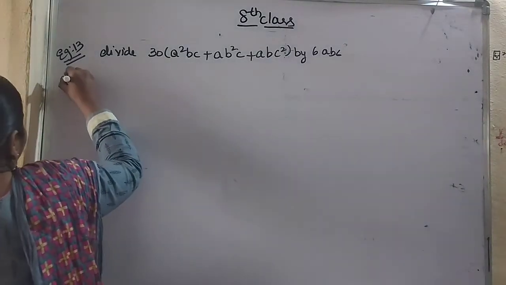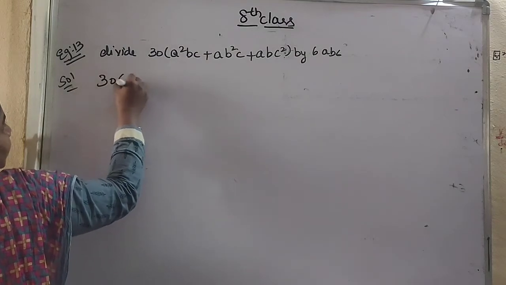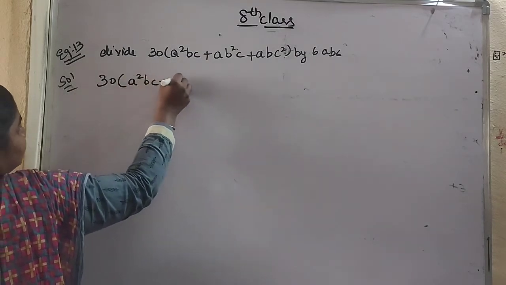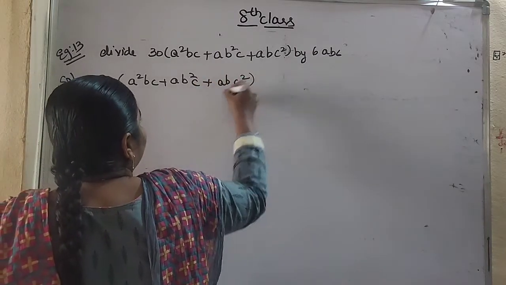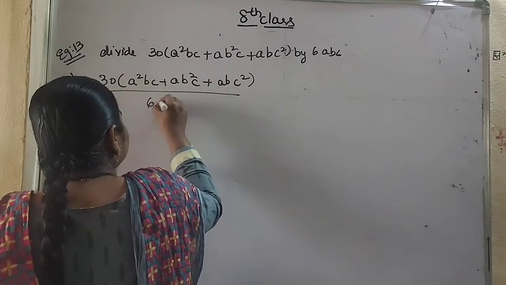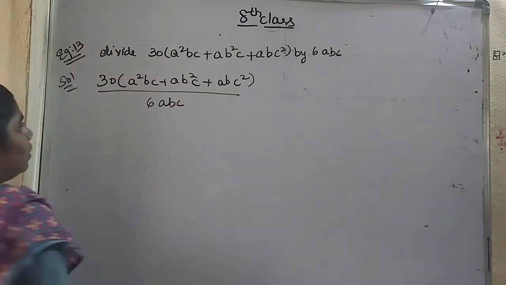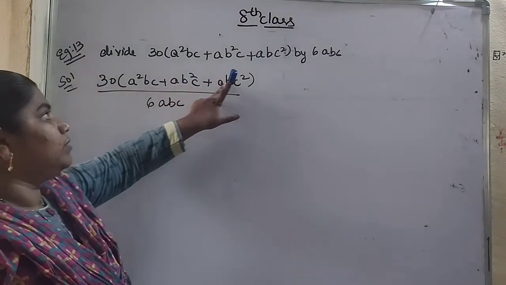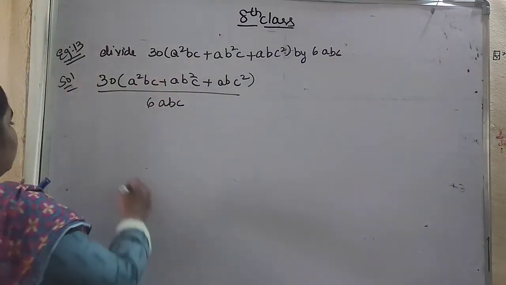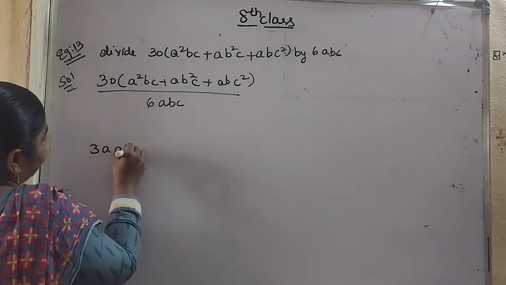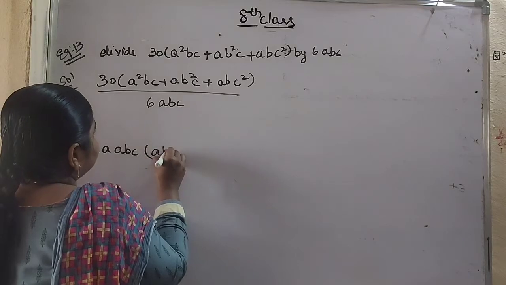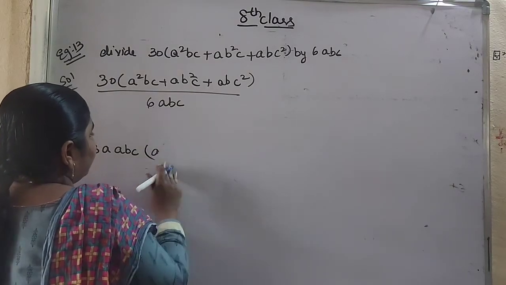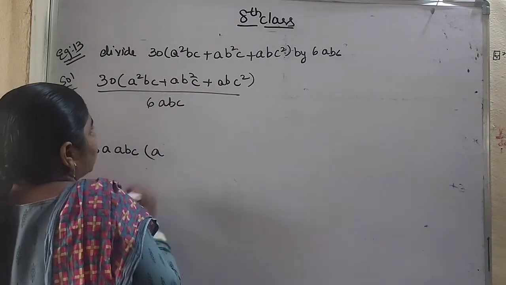So I am writing in fraction form, that is 30a square bc plus ab square c plus abc square by 6abc. If you see, in all terms abc is common. So 5abc I am taking as common, that is here it will be abc. Only a will be remaining, already bc we have taken as common.